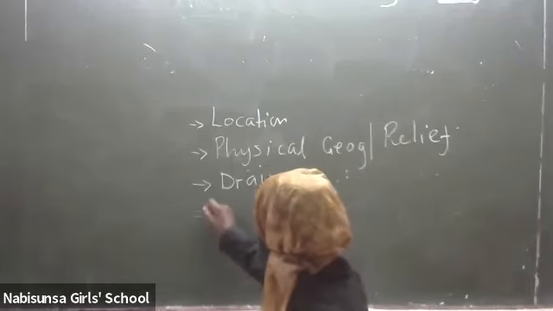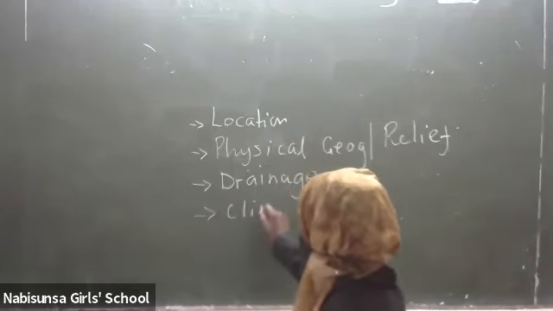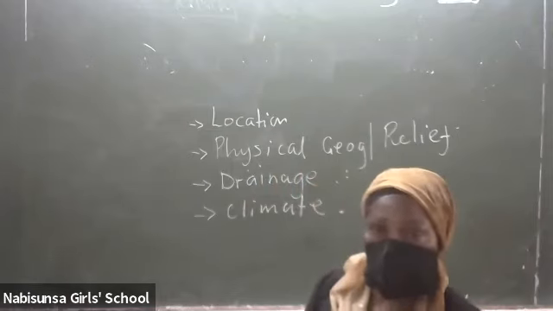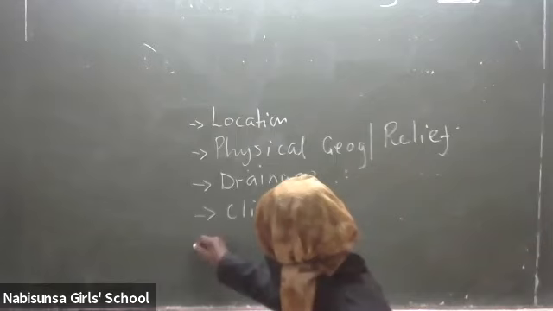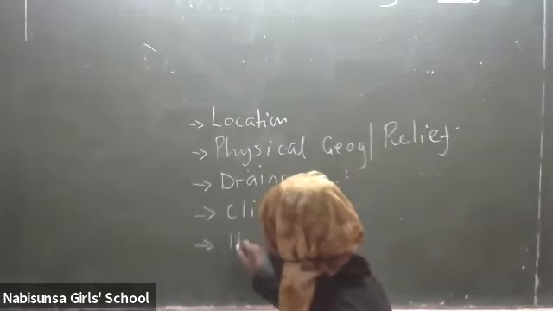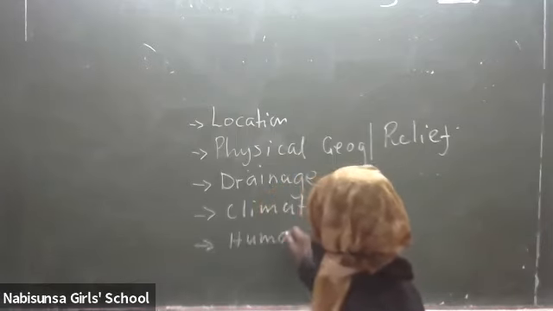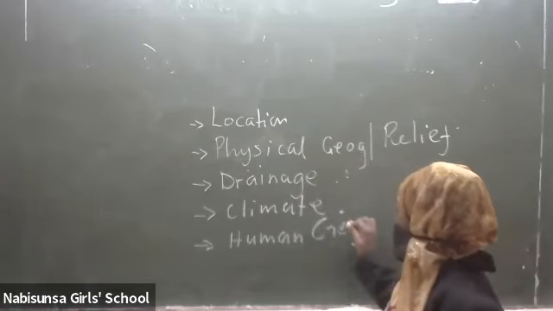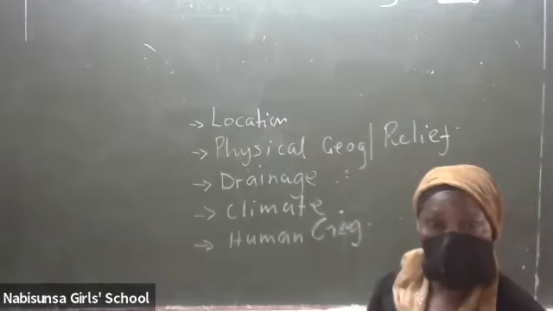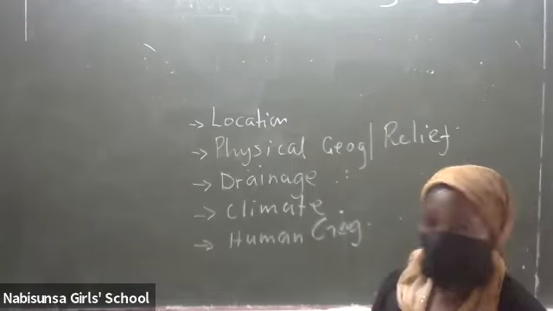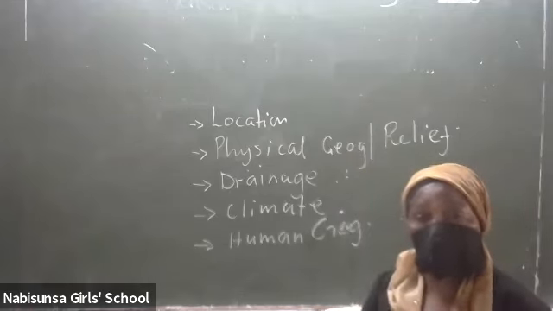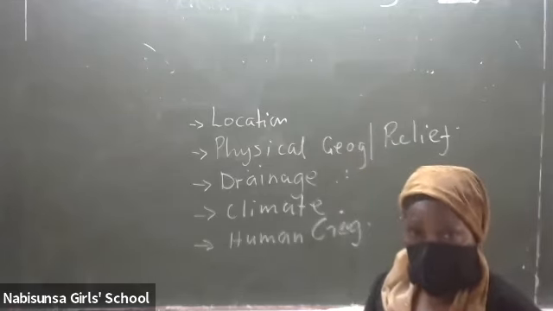And then you will go to climate, and from there you will be able to know the human geography. You have to know the human geography. It does not mean that when you cover these for Africa, you have completed the syllabus.